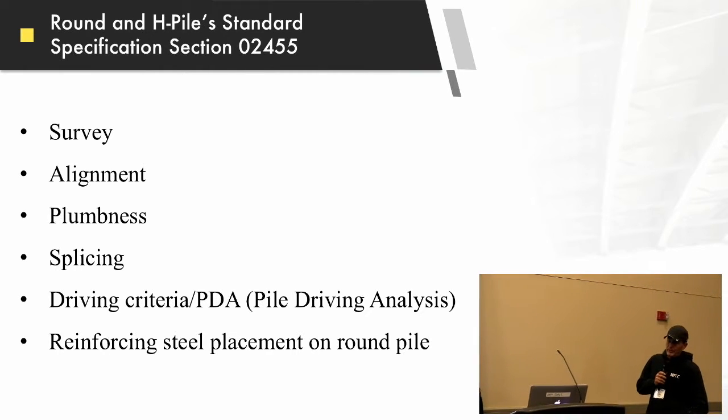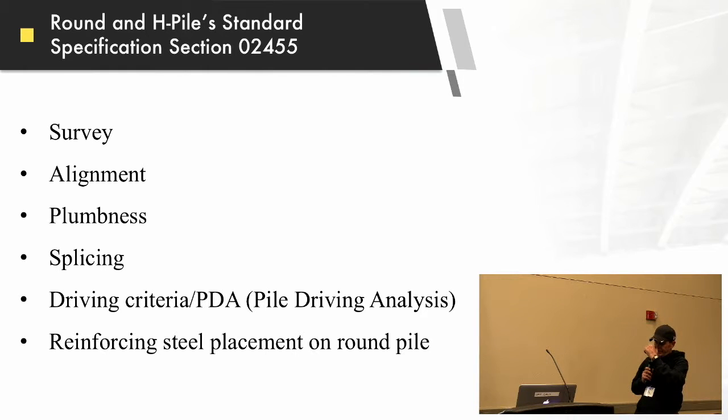Most of the time, you're going to have splices on your piles depending on what the embedment depth is and what size piles the contractor orders. Talk a little bit about driving criteria, PDAs, and then we'll talk about the rebar cage that goes in round pile.